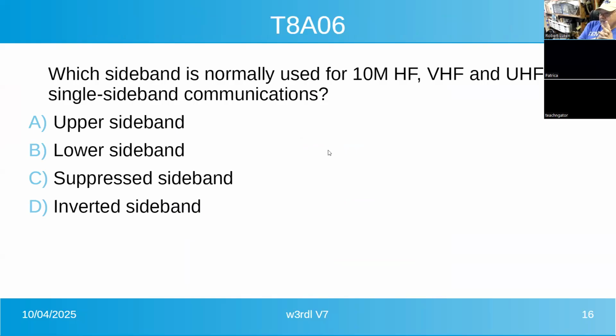So which sideband is normally used for 10 meter HF, VHF, and UHF single sideband communications? Now remember, 10 meters is what? 30 megahertz, right? Bravo.